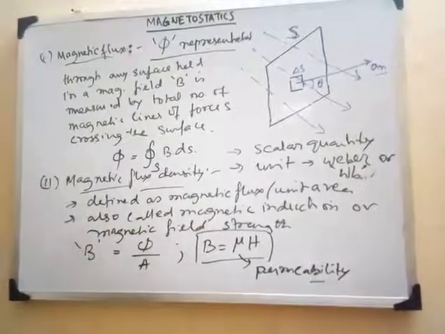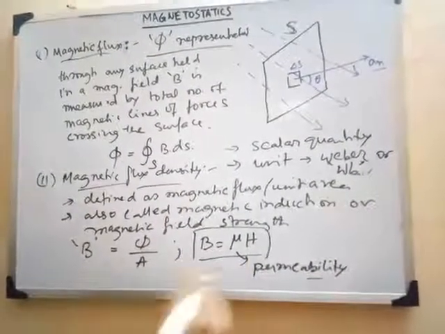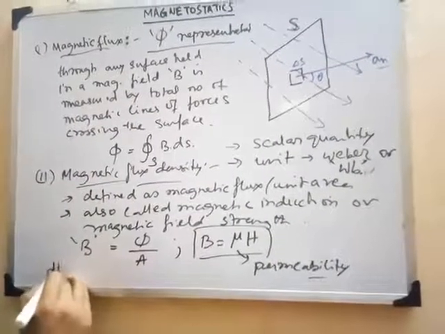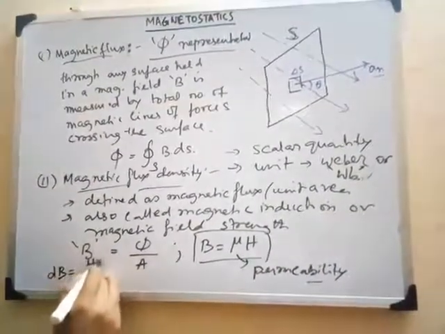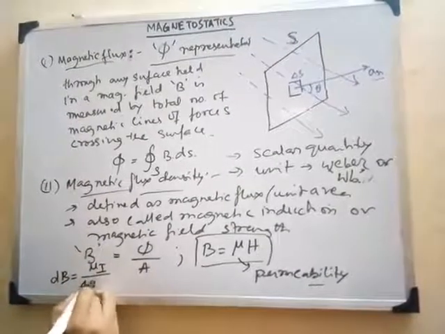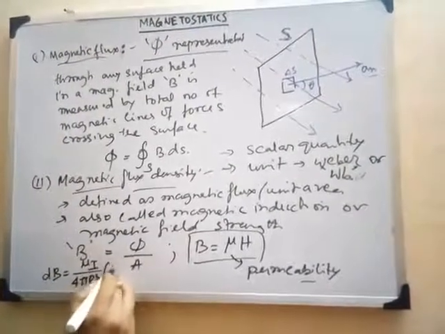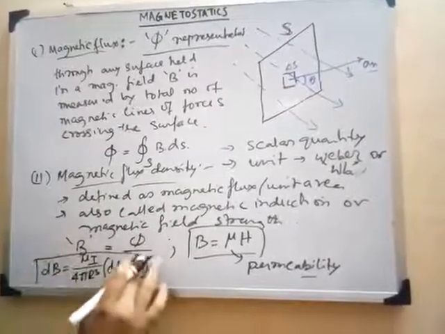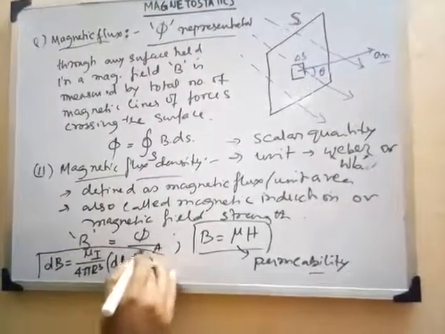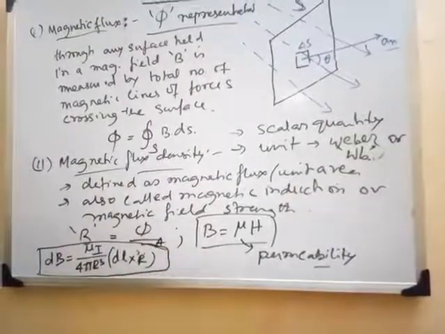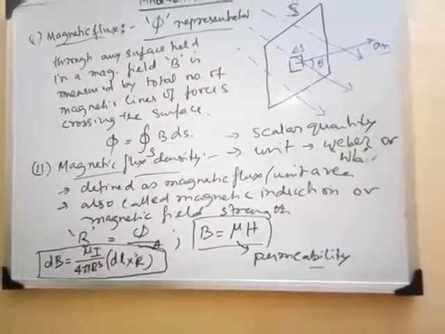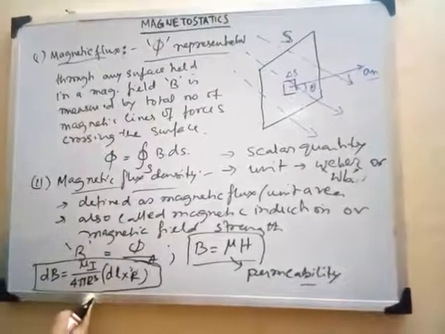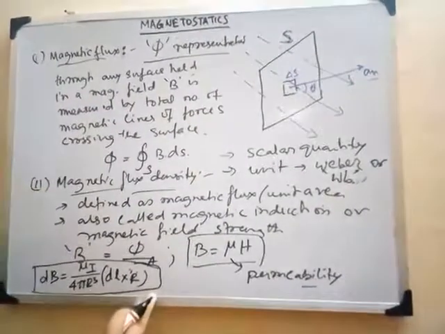Sometimes the differential element is also represented as dB equals mu I by 4 pi r cube dl. Vectorially we can represent this as dB equals mu I by 4 pi r cube, dl cross r.